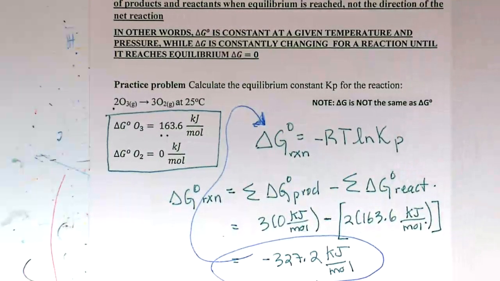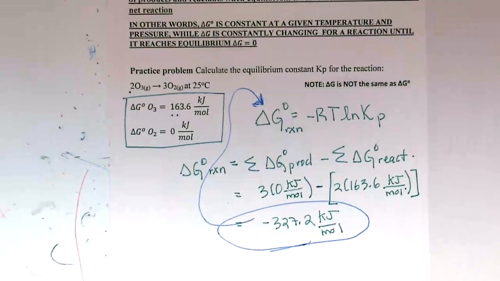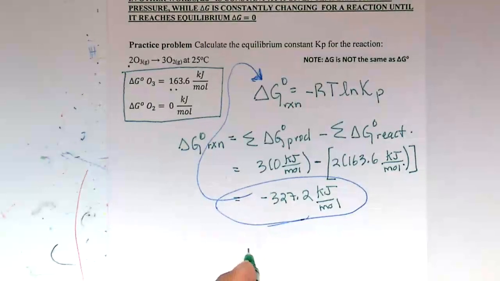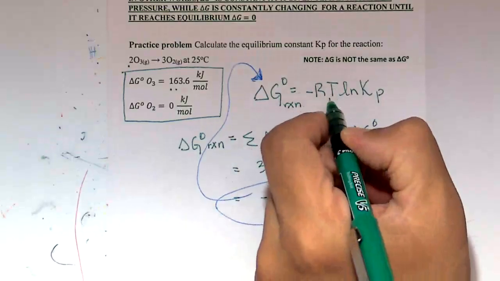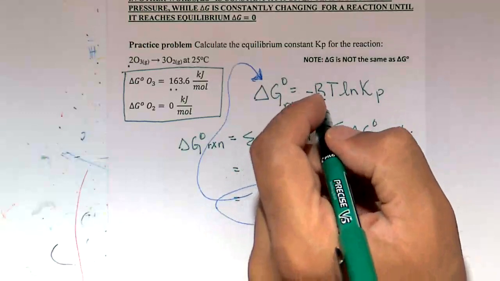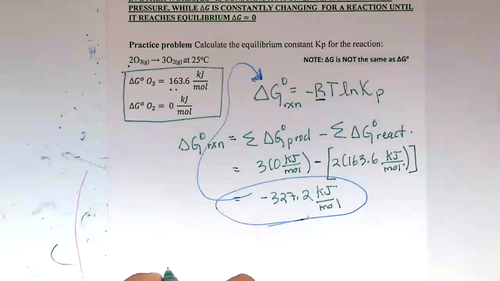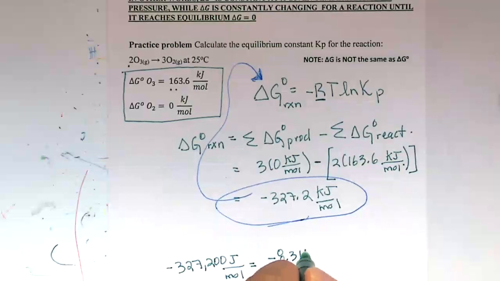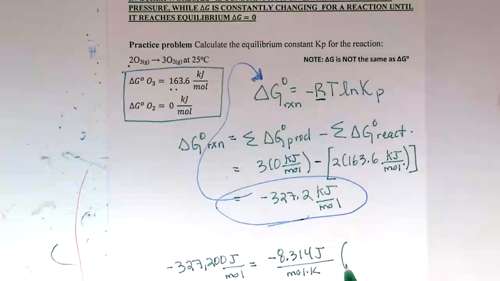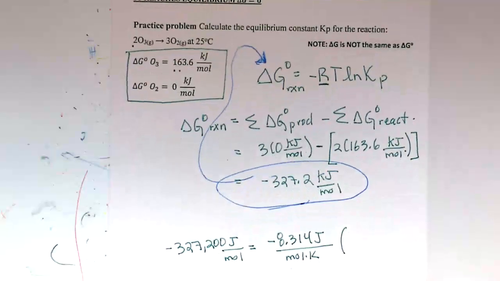Let's go ahead and substitute that in here because we're trying to solve for Kp. I'm going to convert this to joules per mole, because R is in joules per mole, which makes this minus 327,200 joules per mole equals minus R. I'll give you R. T, what is T here?